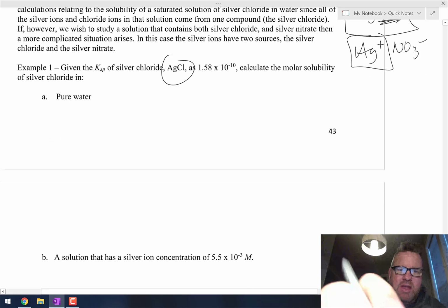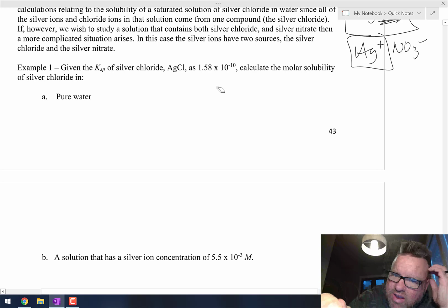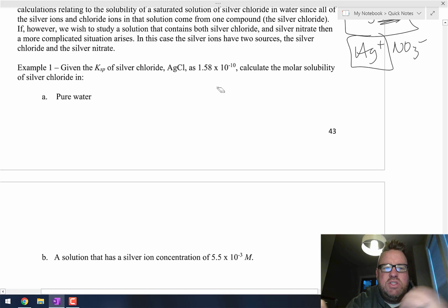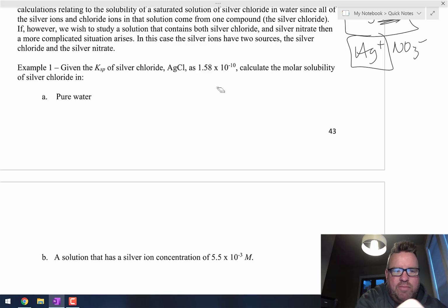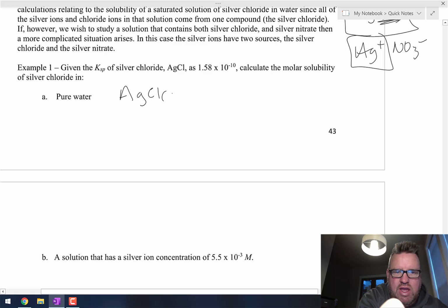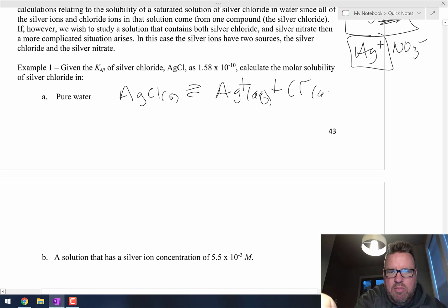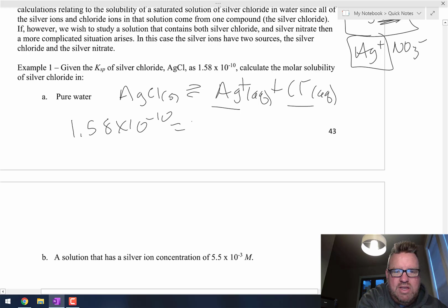So the KSP of silver chloride is 1.58 times 10 to the minus 10th. What's the molar solubility in water? So here we have just a regular AgCl, which is a solid in equilibrium with Ag+ aqueous and Cl minus aqueous. So this is going to be X, this is going to be X. So 1.58 times 10 to the minus 10th is going to equal X squared.